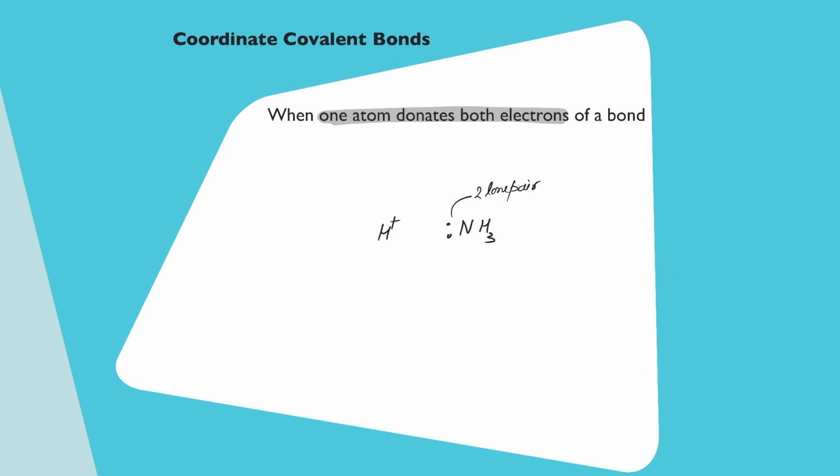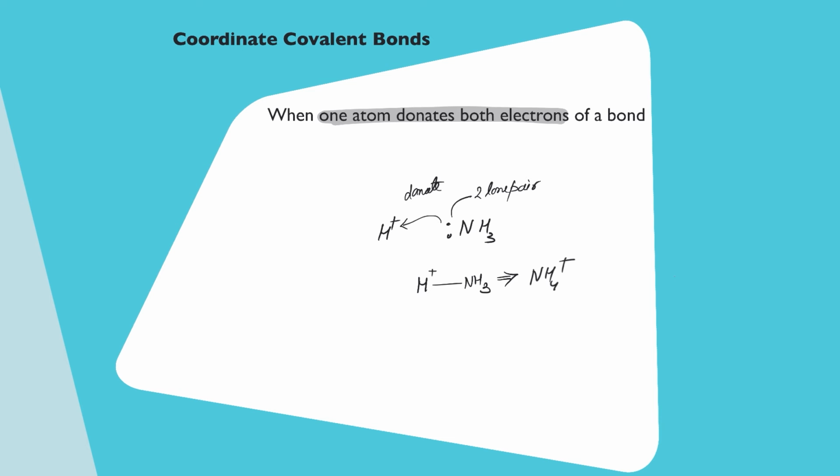So NH3 can donate both of these electrons into the bond formation. So you can have H plus bond NH3, which is represented as NH4 plus ion. So I hope this makes a lot of sense. So today we talked about the various types of covalent bonds.